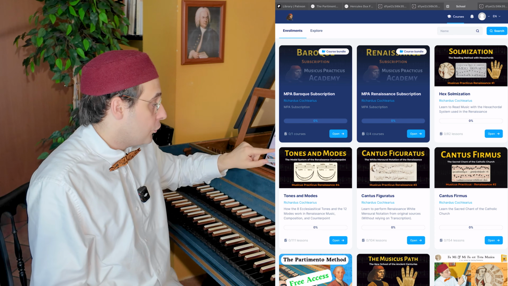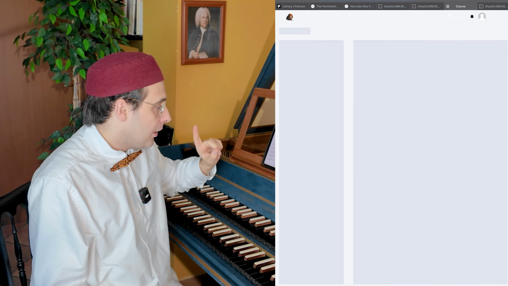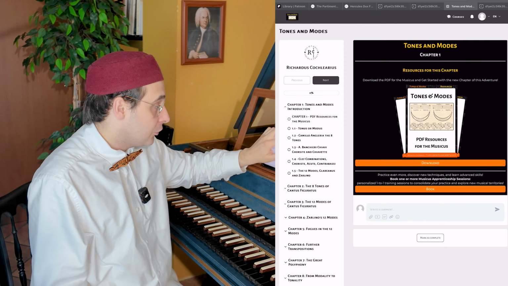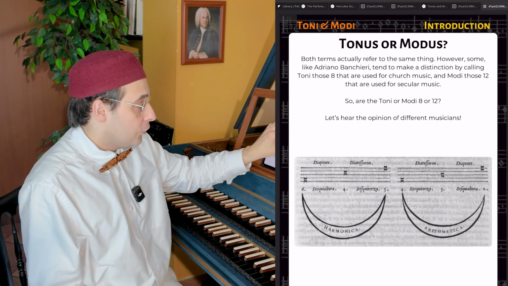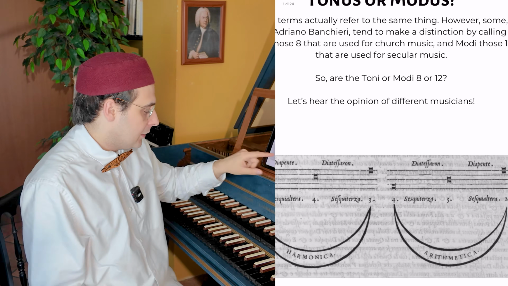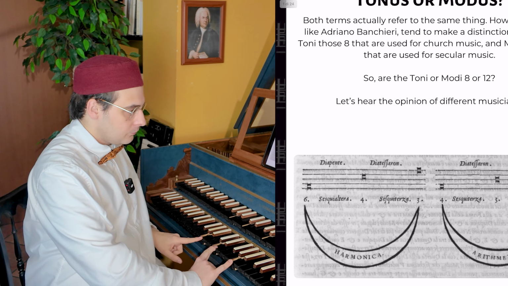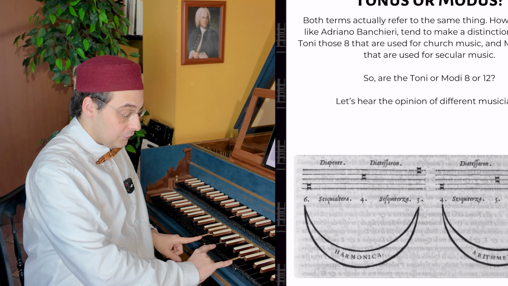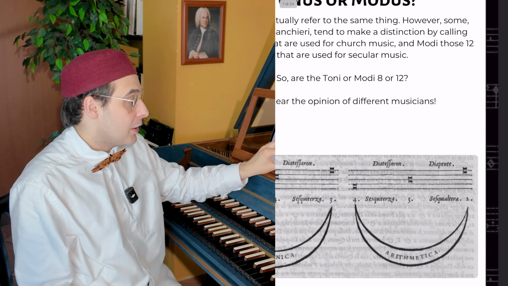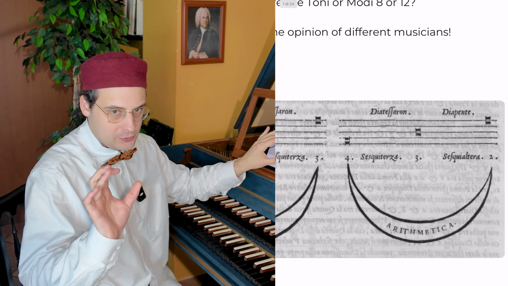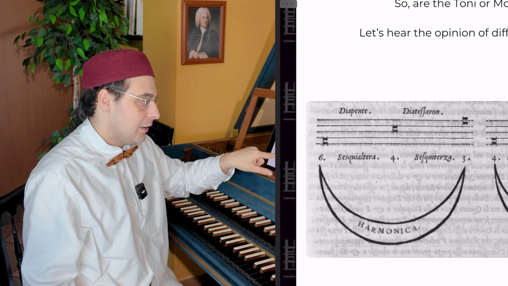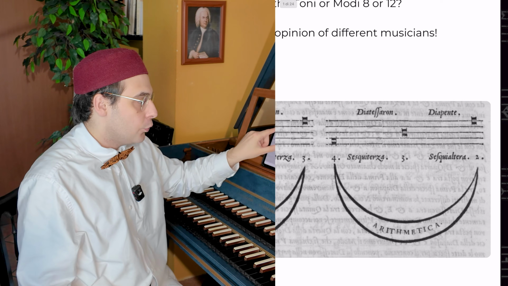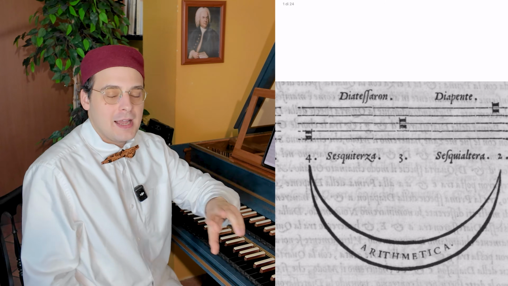Let's go to Tones and Modes here, where we have the introductions and the transpositions here, tonus or modus. First of all, an interesting aspect: in that example we had the fourth and the fifth, so we have the arithmetic division of the diapason, which is fourth plus fifth, and not the harmonic division. So we have the sesquiterza and sesquialtera.